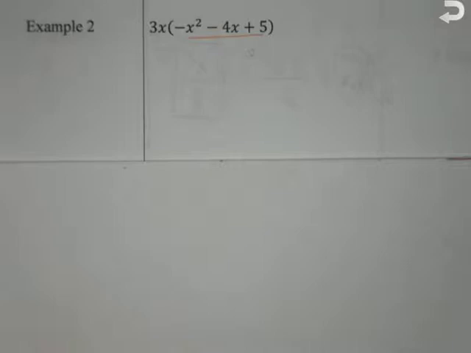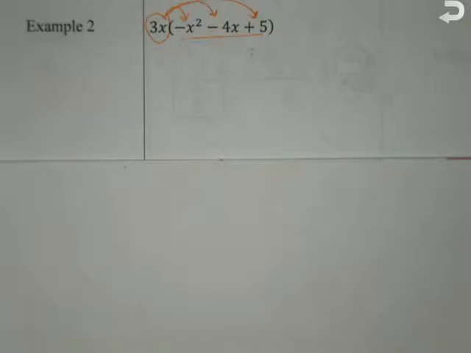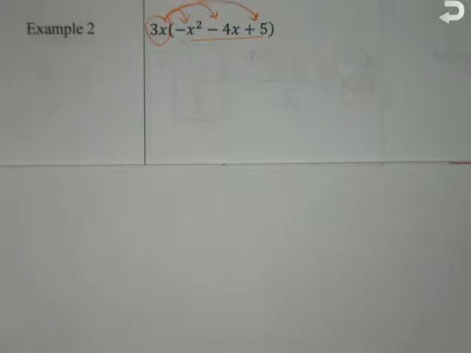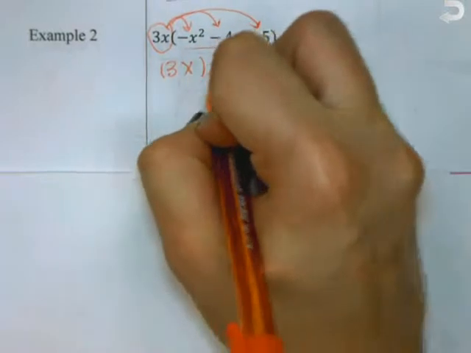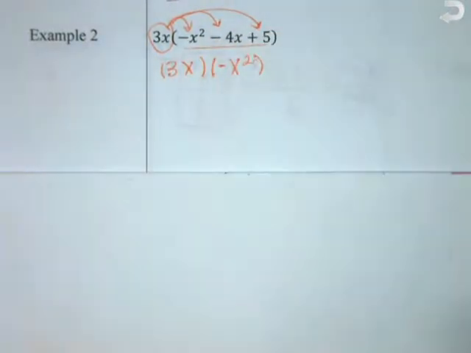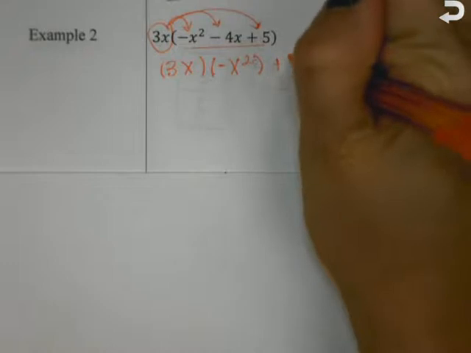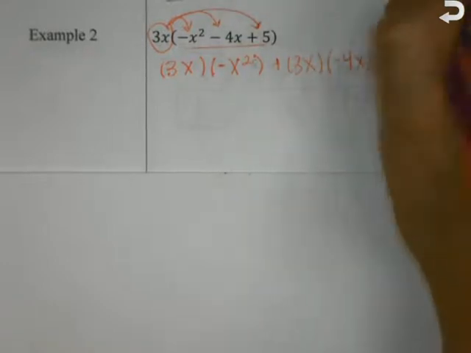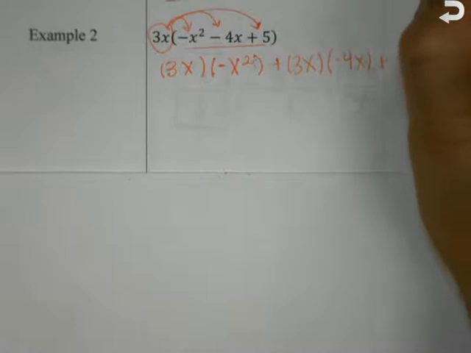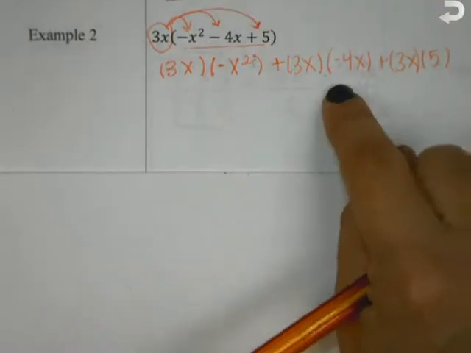So we're going to take the 3x and distribute it in. For right now, I do want you to write all the multiplication out. So this is 3x times negative x squared, plus 3x times negative 4x, plus 3x times 5. Is everybody okay with me changing this to a plus because the 4x is negative?